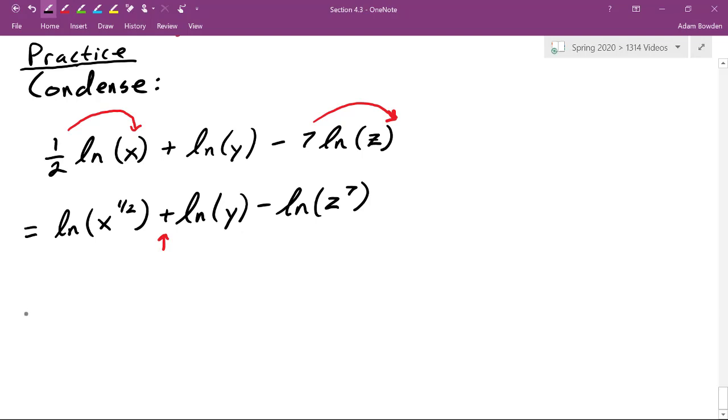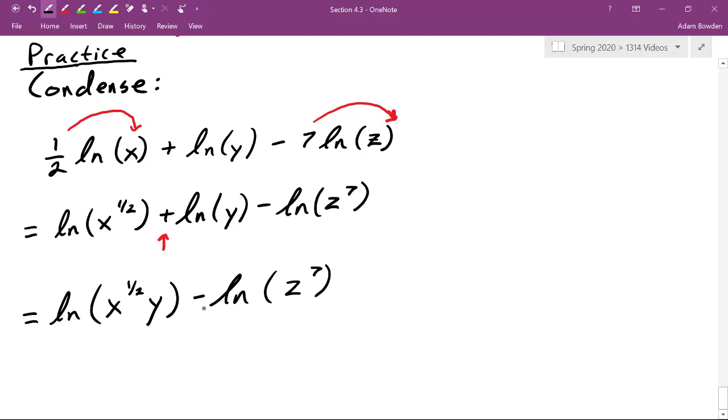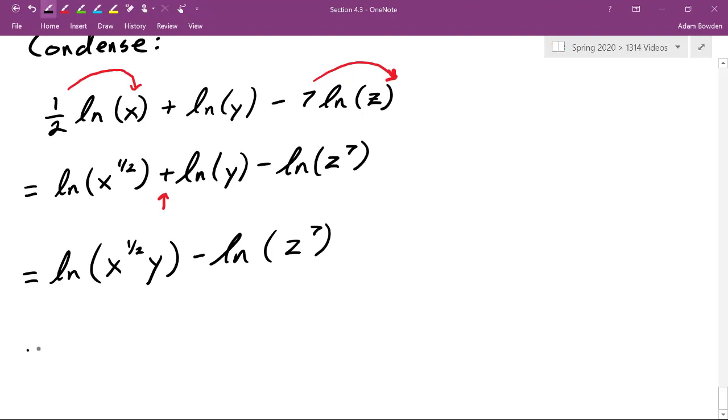So what I'll do is I'll combine them back together again. We'll have x to the 1/2 y minus ln z to the 7. Now since these are subtracted, we'll combine them back together with division. ln x to the 1/2 y divided by z to the 7th.